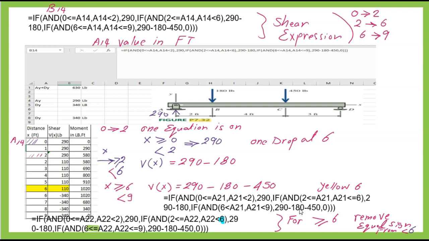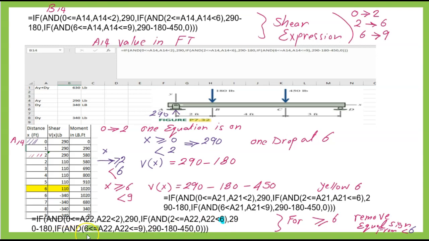In the second term, for x bigger than or equal to 6 in cell A22, to represent the shear value at the other 6 where the step occurs, if and A22 equals or bigger than 0, comma A22 less than 2, we close, comma 290, and if and A22 equals or bigger than 2, comma A22 less than 6, we don't put equal here, comma 290 minus 180.